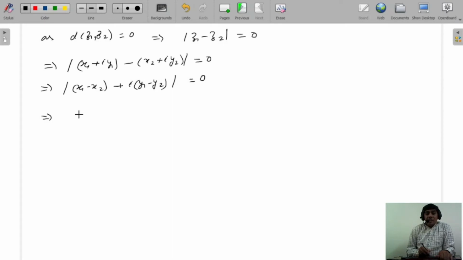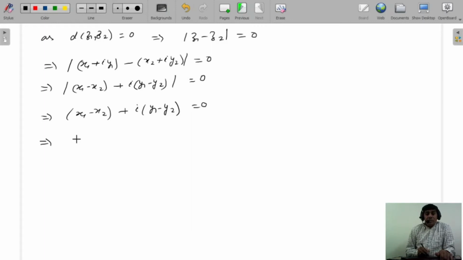This implies (x1 minus x2) plus iota (y1 minus y2) is equal to 0, because we know that a quantity whose modulus is equal to 0, then the quantity must be equal to 0.